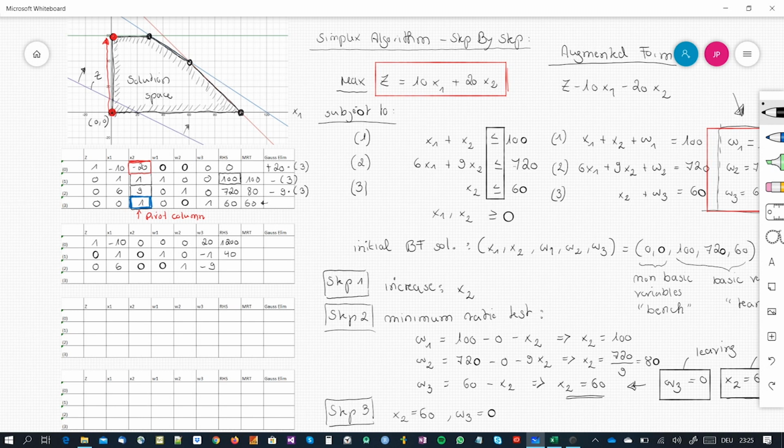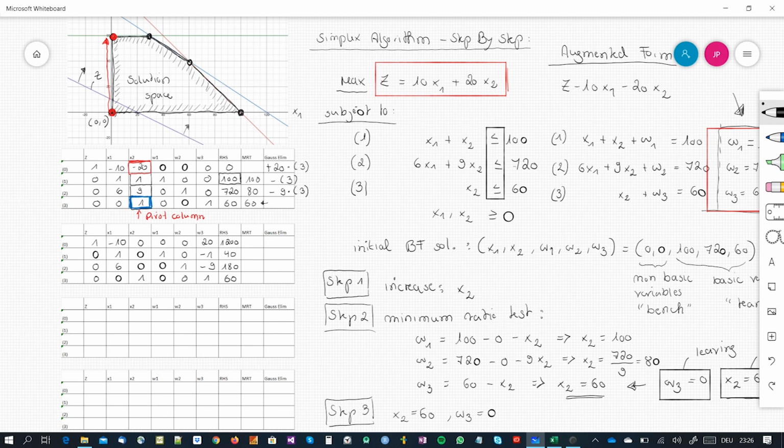And 720 minus 9 times 60 is 180. And our pivot element row stays the same as we have done. No Gauss elimination here.